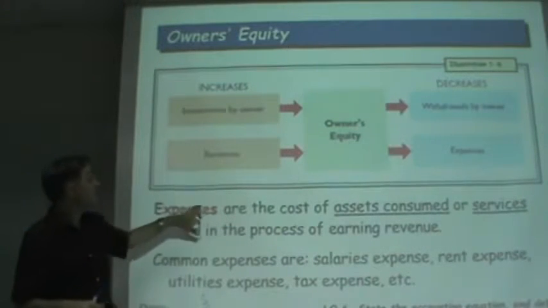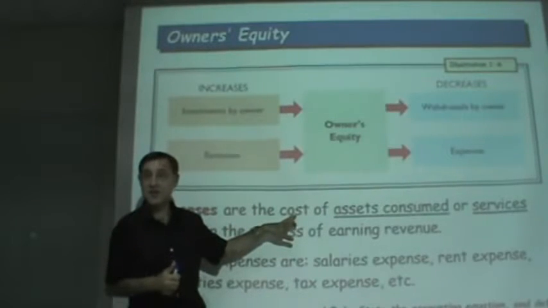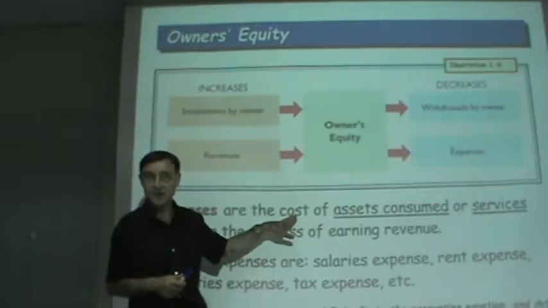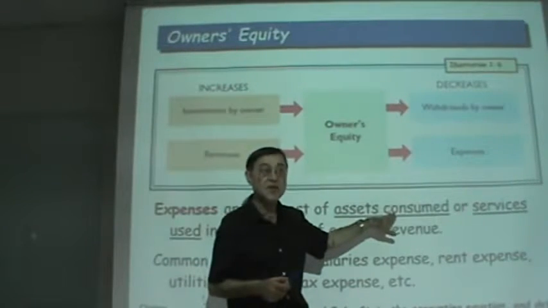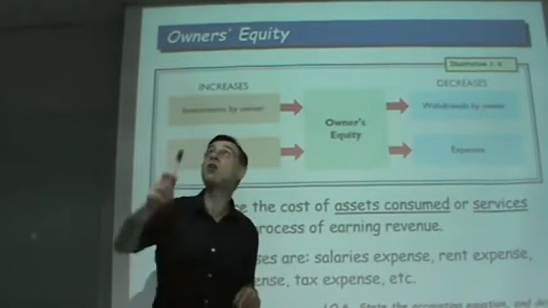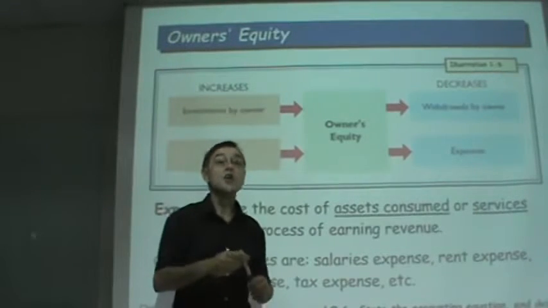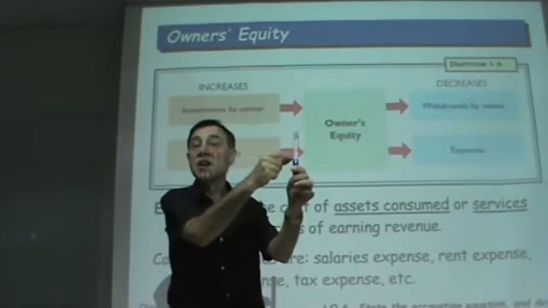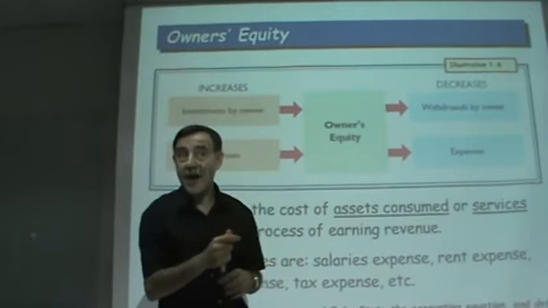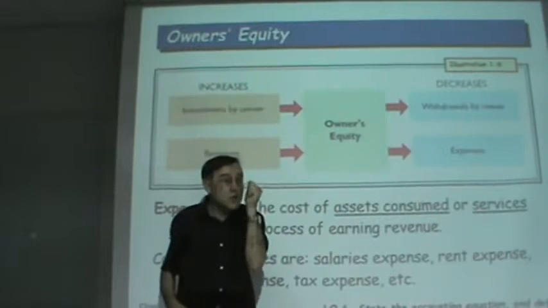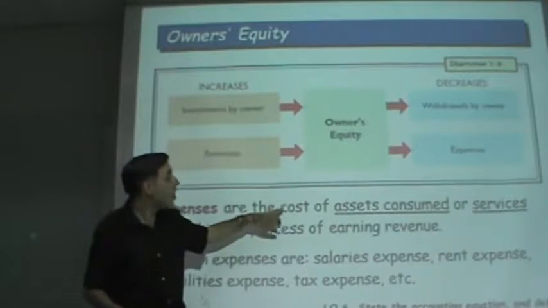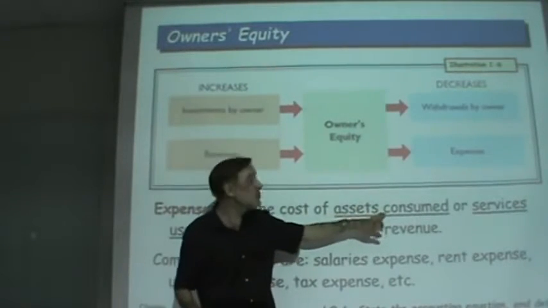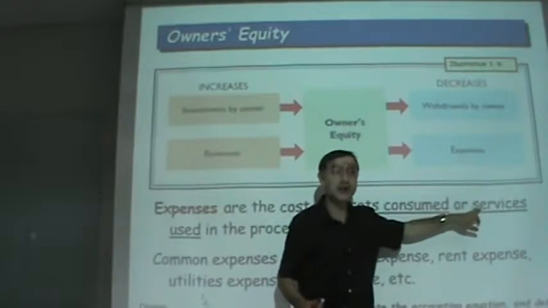Expenses, we say, are the costs. This is the cost of assets which are consumed. So we consume electricity. We consume this little pen. When you talk on the phone, you consume minutes on the server. So it is the cost of assets consumed or of services used.